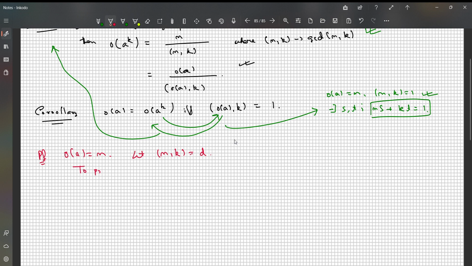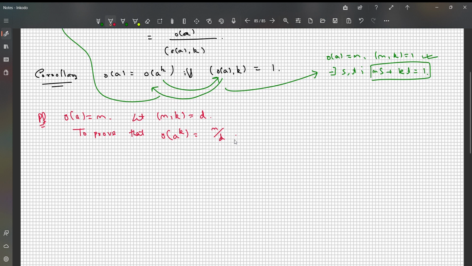Clear? So what we actually need to prove is that the order of a to the power k is n by d. Right? This is what we need to prove. Clear? Okay.